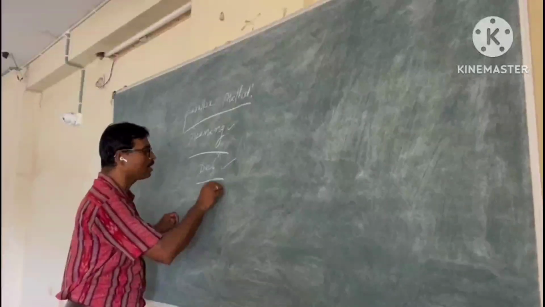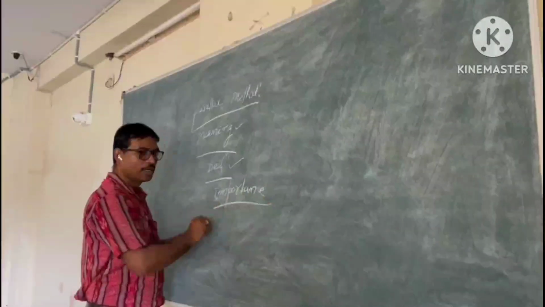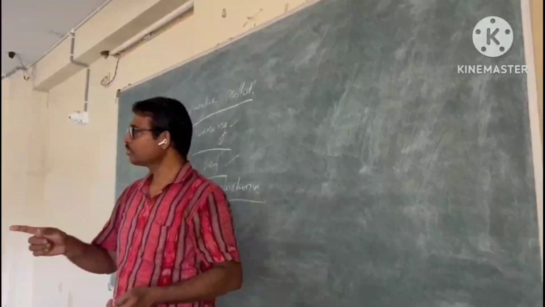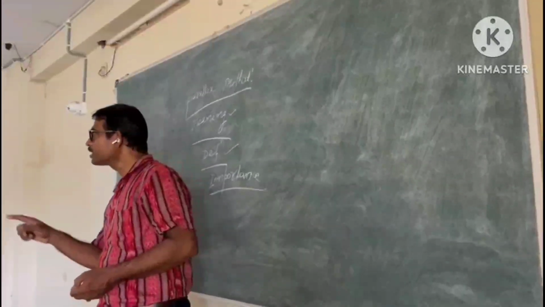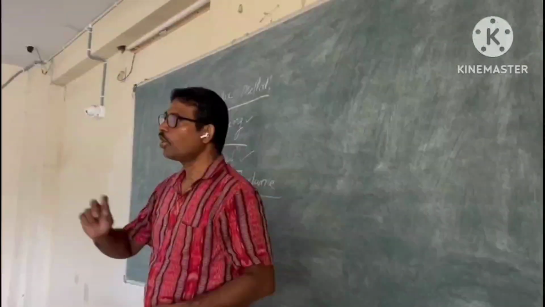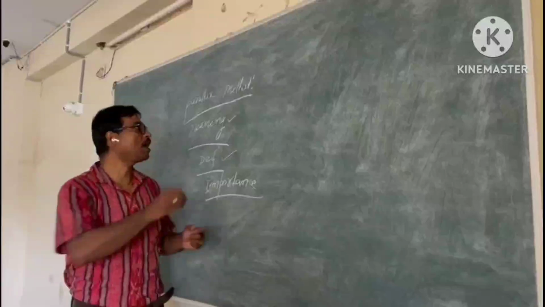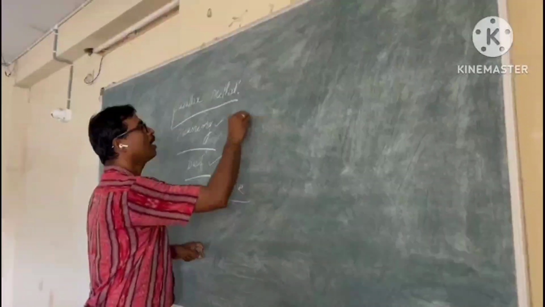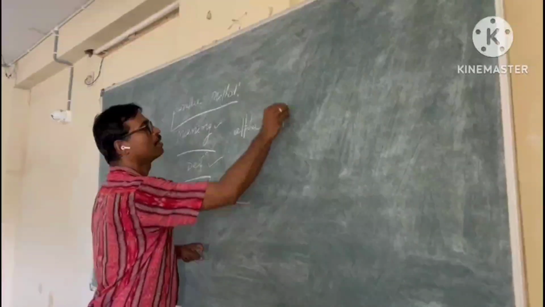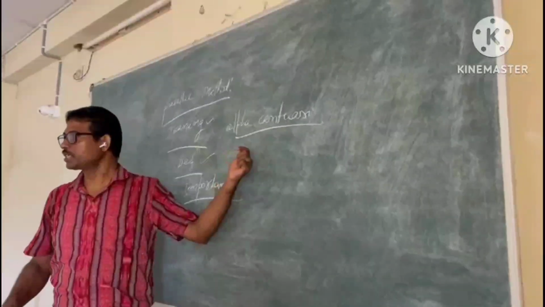Importance, and where we will use. This method is used to measure the distance of a star. Star means sun, or a nearby star is alpha Centauri. This is the one nearby star.